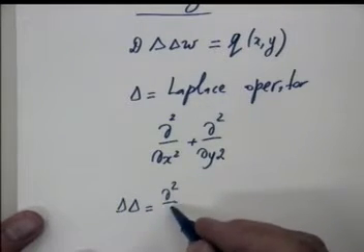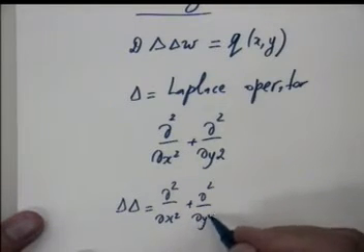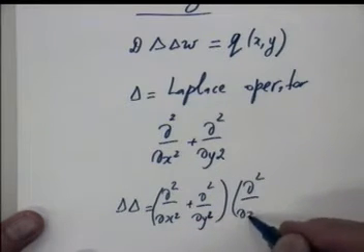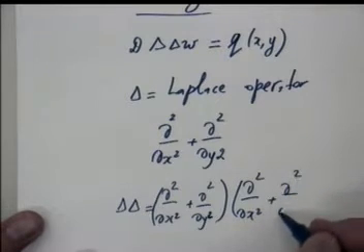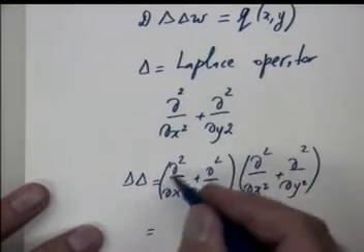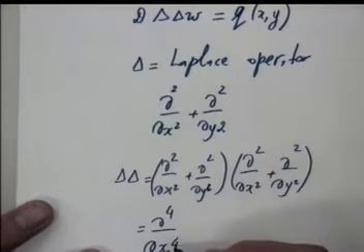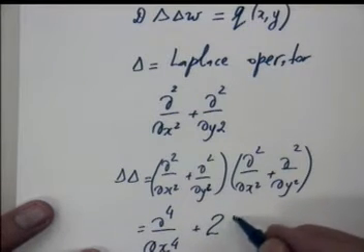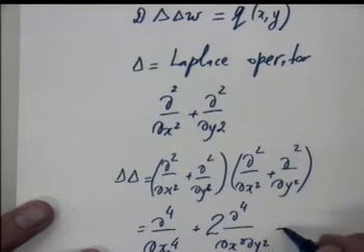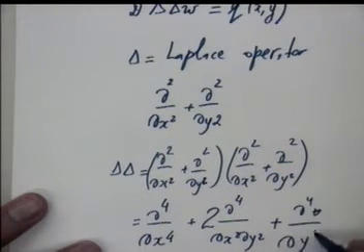That is d2 dx squared plus d2 dy squared, and of the same d2 dx squared plus d2 dy squared. Or that is just this operation squared, so to say. So that is d4 dx to the fourth power plus 2 times d4 dx squared dy squared plus d4 dy to the fourth power.